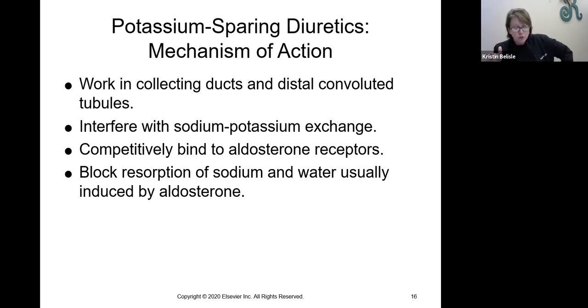With aldosterone, if you think about it, it normally keeps sodium and will excrete potassium. But this medication is going to block reabsorption of the sodium and water. So wherever salt is, the water is going to stay, and potassium will go away from it, because potassium doesn't want to be in the same house with sodium. I hope that makes sense.